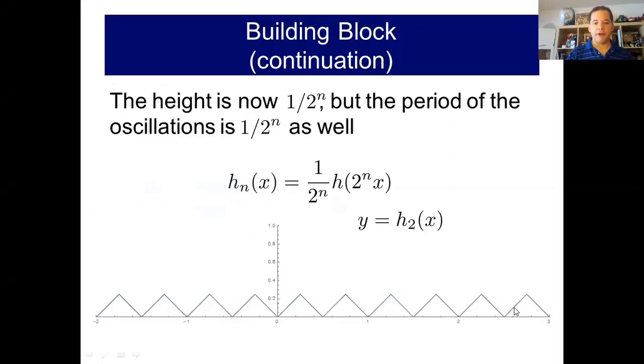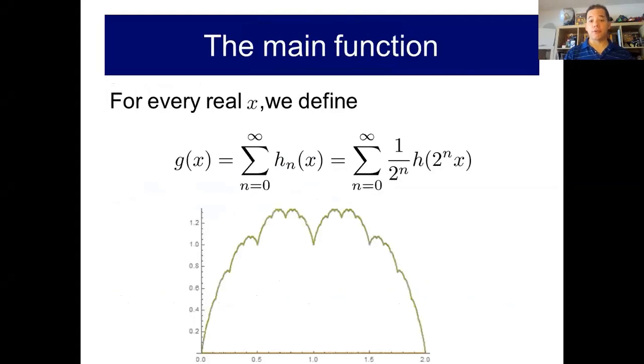Then we finally showed what our function was going to be. So our function is the sum of all of these hns, or if you want to, you can think about it this way: the sum of h(2^n x), everything divided by 2^n, and we add that up from 0 to infinity. And we showed how the graph looks a little bit like this graph over here.